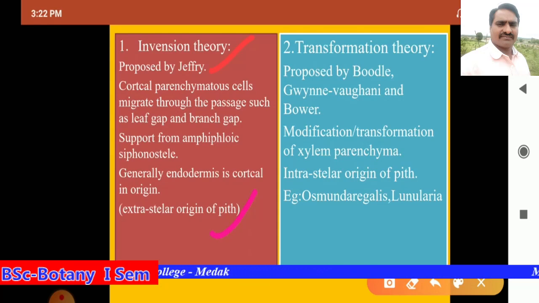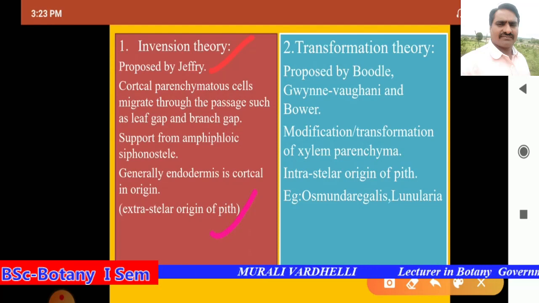This tissue is from the cortex. So from the cortex, parenchymatous tissue migrates through leaf gaps or branch gaps to the middle of the vascular cylinder and forms pith or medulla. So the protostele is converted into siphonostele. This is the invention theory.